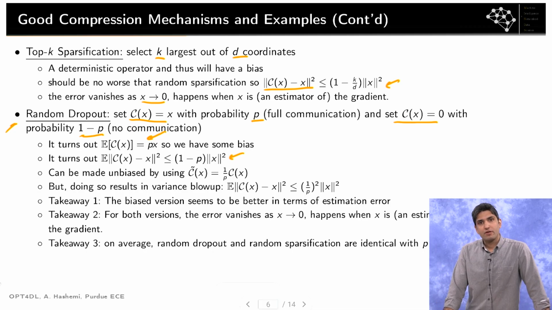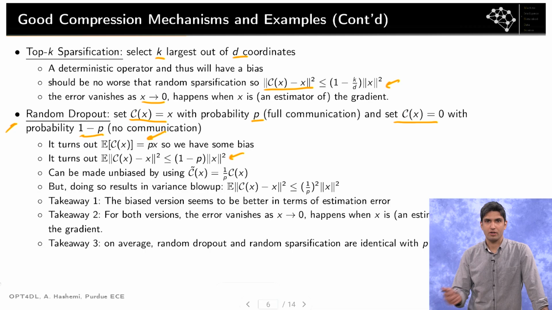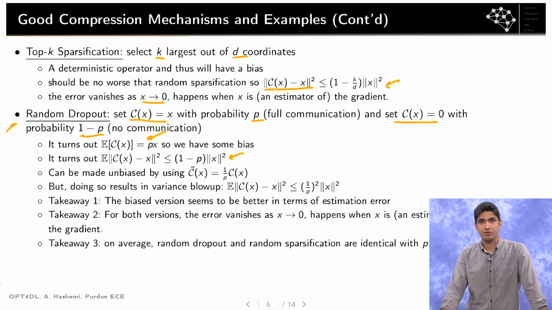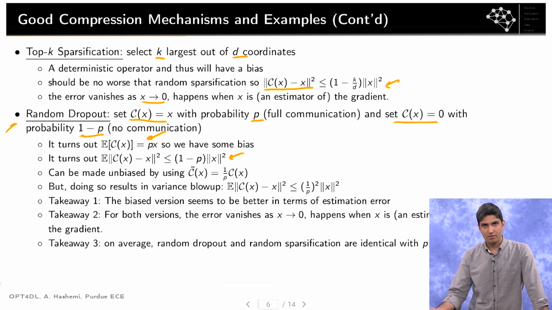Like the random sparsification method, we can make this an unbiased strategy as well. By performing dropout, we are reducing the expected power of our communicated signal. So if I multiply with 1 over P, I'll be able to increase the power again, therefore getting rid of the bias.